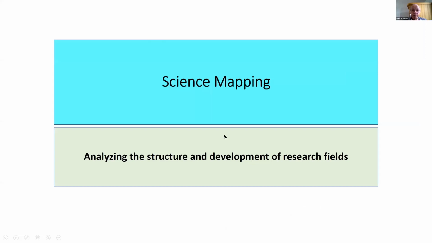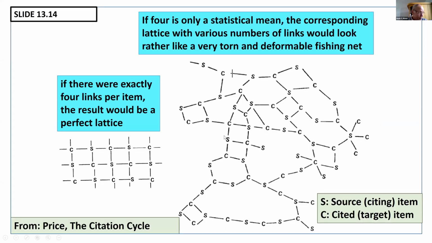Now, as regards science mapping, Price has also made the first steps in science mapping, because in this slide, which is also copied from his paper, the S symbolizes a source item and the C a cited item.